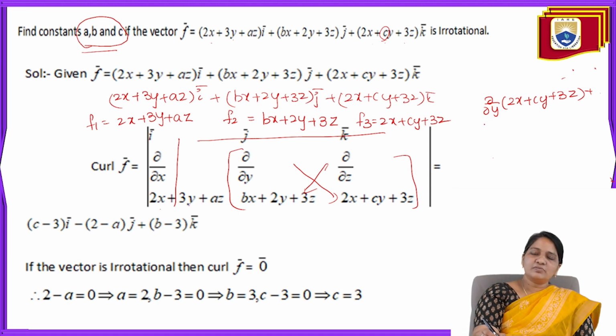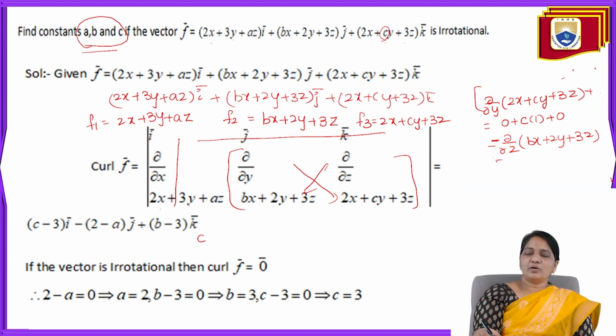Now when I am differentiating with respect to y, the first term is 0. The second term is c, since the derivative of y is 1, plus the third term is 0. So I got c. First one is c. Next, minus, what is the value? ∂/∂z of bx plus 2y plus 3z.